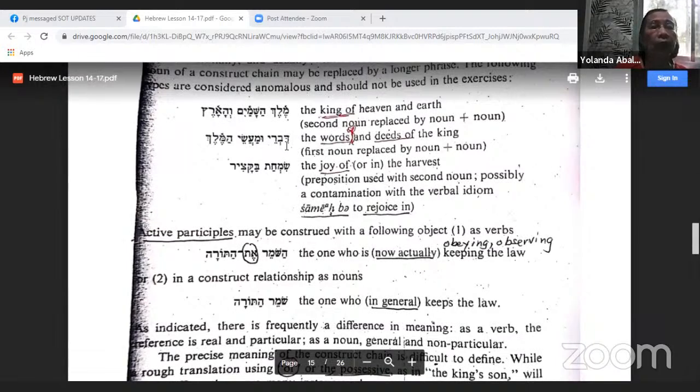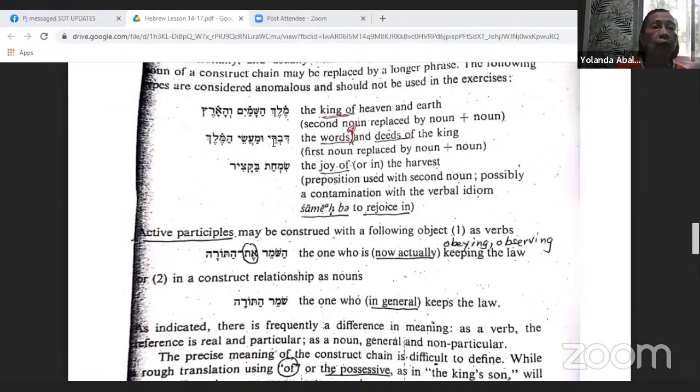Okay, Divre, the words of, uMa'asei, and the deeds of HaMelech, the king. The words of and the deeds of, tandaan nyo, asa. Asa means work, do, yan.